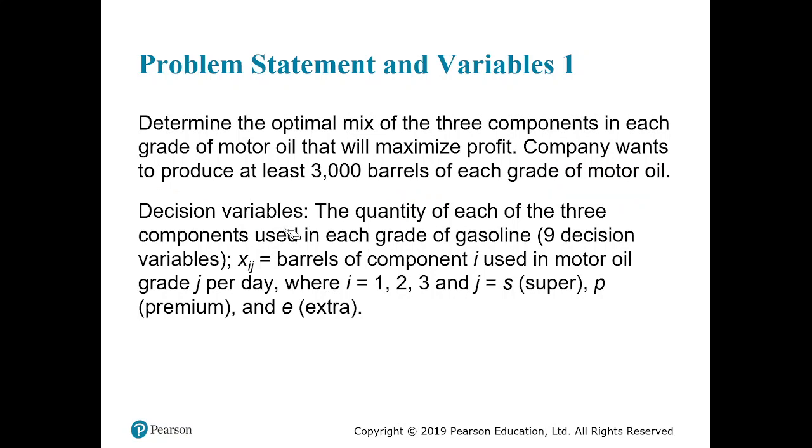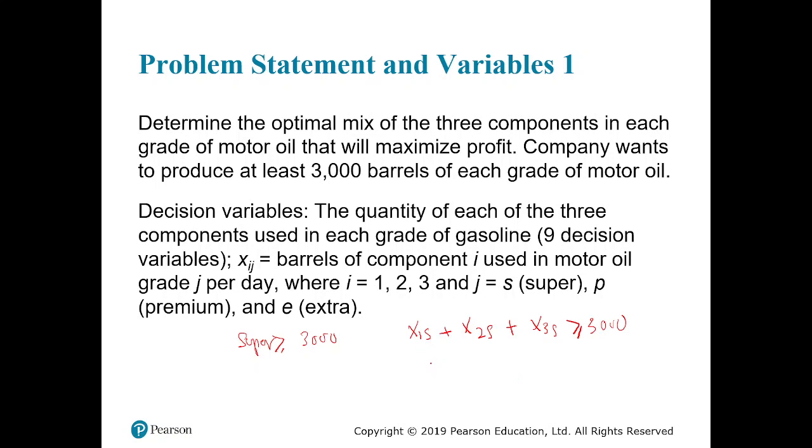So it means that whatever it is, if you have super, you need to have more than 3,000 barrels of super. Super is made of component 1, 1S plus component 2S plus component 3S, so this equation should be more than 3,000.